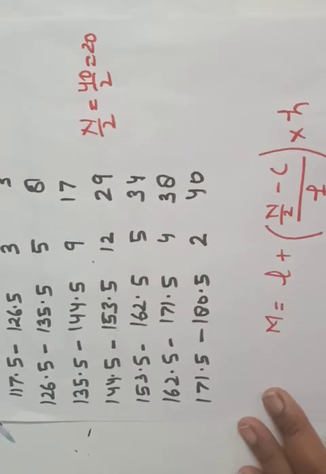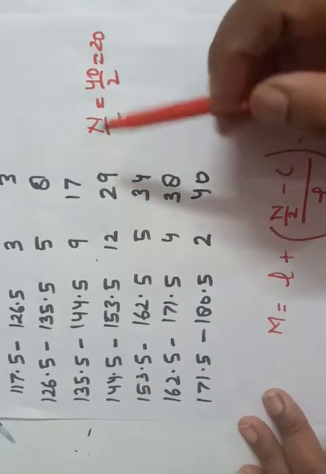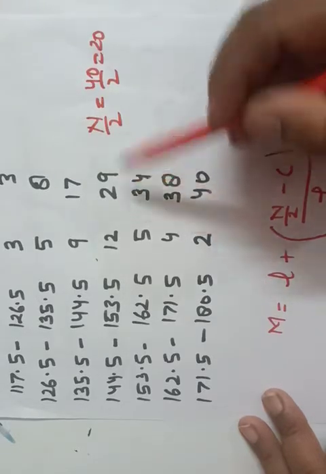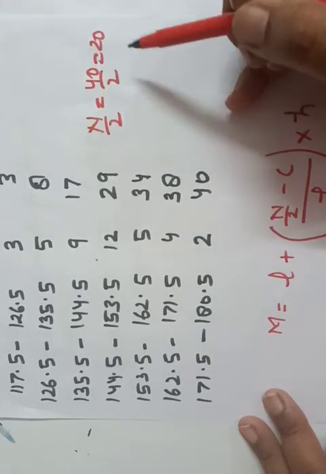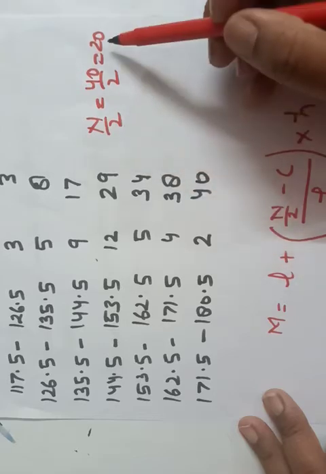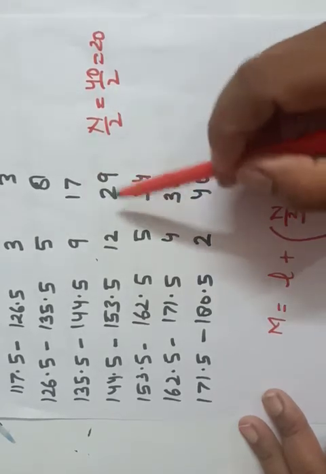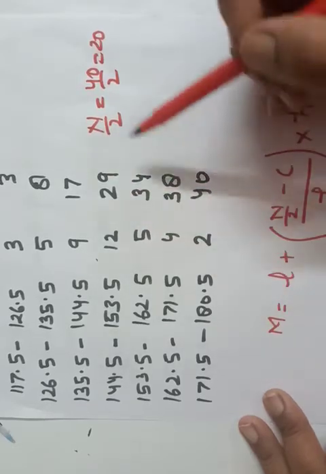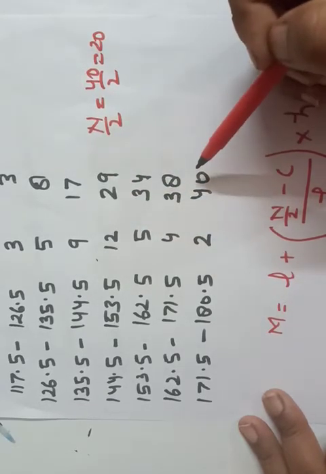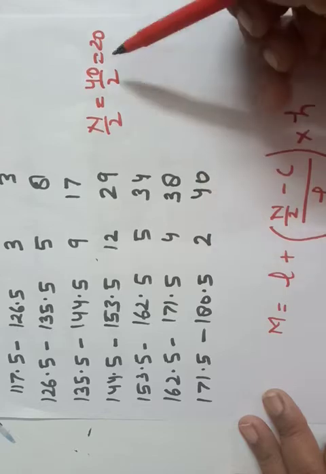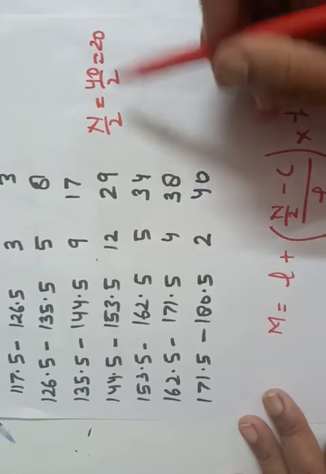Yes, so how can we find the median class? We need to check in the cumulative frequency column for the value just greater than n by 2. So here, 17 is less than 20, but 29 is just greater, because 34, 38 and 40 are all greater than 20, but we need the value just greater.